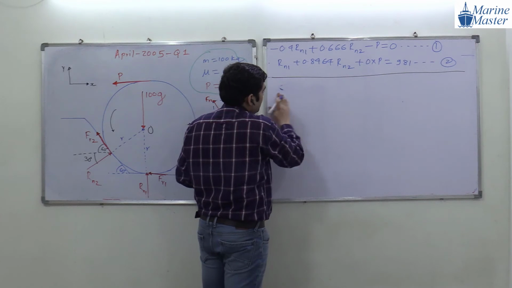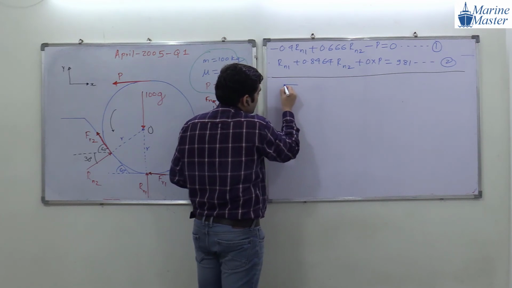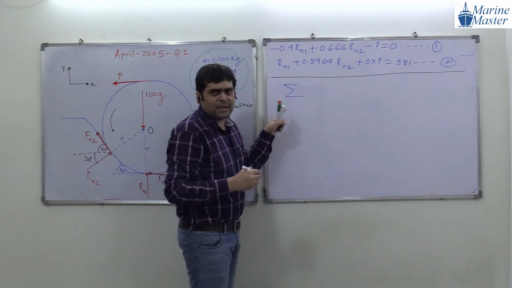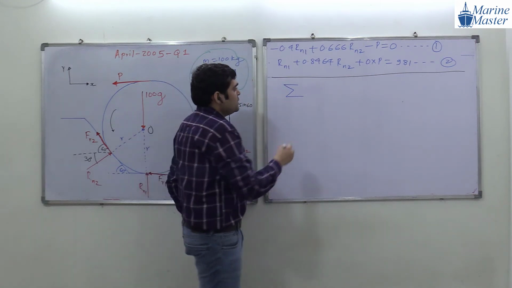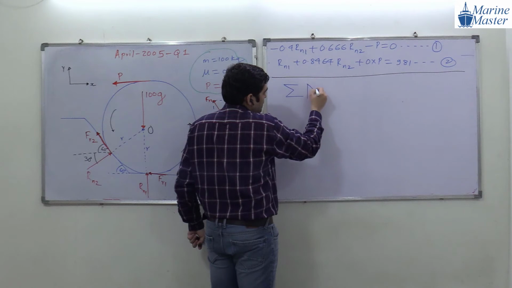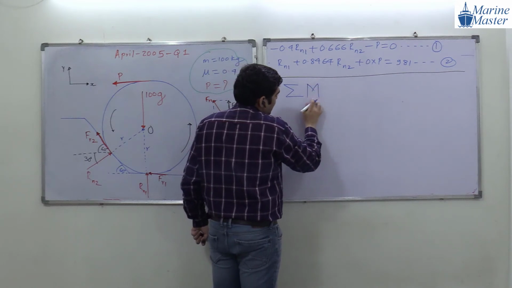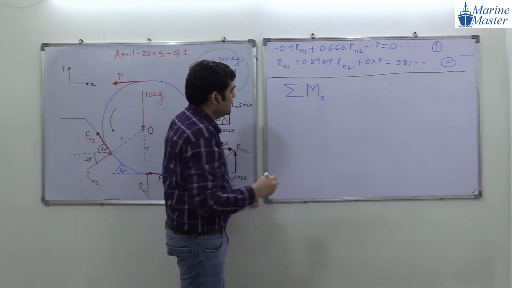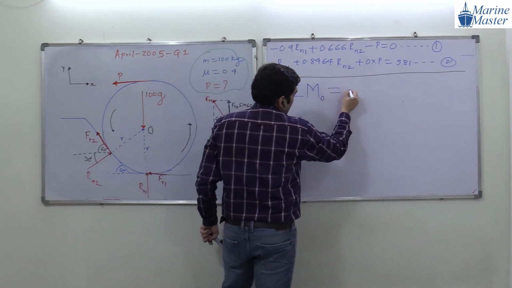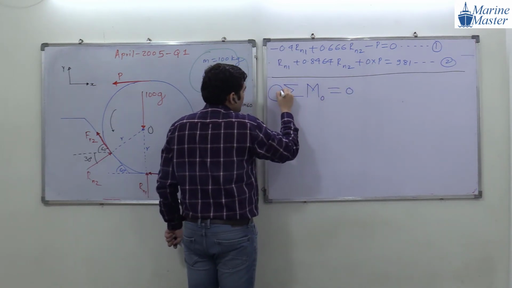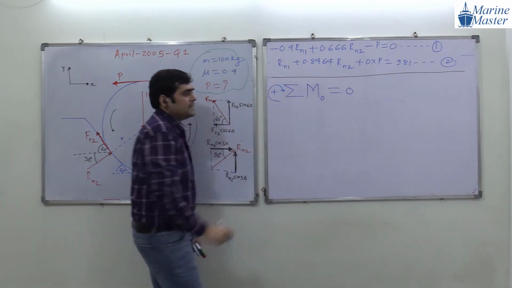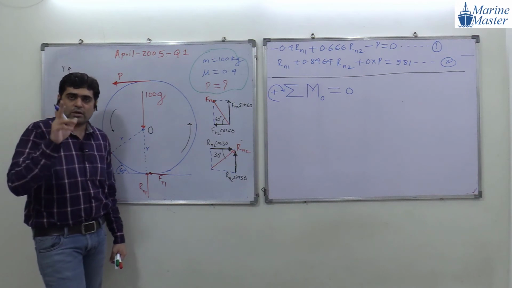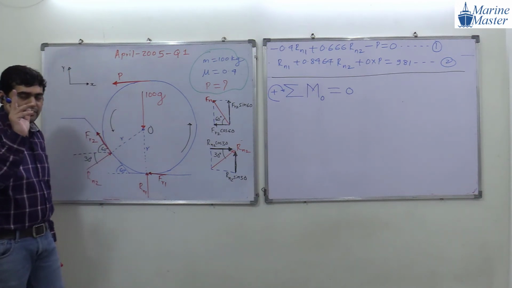Summation of moment about point O. Always try to draw the proper symbol of summation; we say summation, but the name of this symbol is sigma. Summation of moment about point O, write the suffix O. We are taking clockwise moment as positive. Try to see the point here, everyone.